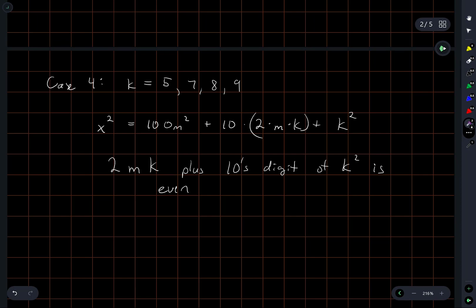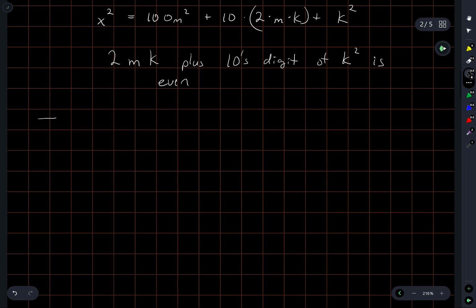And so this means that the tens digit of x squared in this case can never be a 7 because 7 is odd. And so there are no values of m and k where k is one of these four numbers that gives us the tens digit of our square number equal to 7.